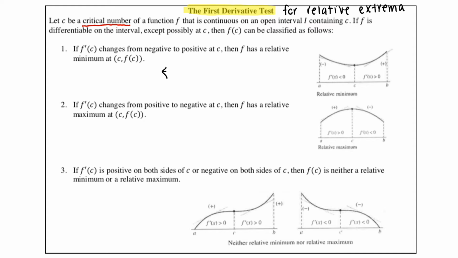So what that means is if we're doing the test like we did yesterday, and we set up our number line with our critical number in the middle, and when we test our value on the left-hand side we get a negative, and on the right-hand side we get a positive, then our function is decreasing until that critical number, which I guess we're calling c, sorry about that, and then increasing after that. That makes the point at c a relative minimum, because your graph is decreasing and then increasing.